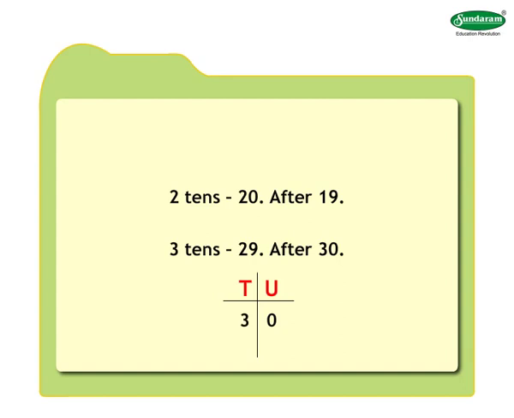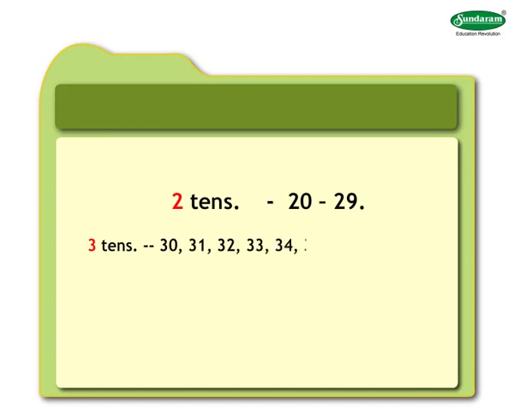Now, the two-digit numbers start with 3 tens. In the same way as we wrote the numbers with 2 tens from 20 to 29, we have the numbers with 3 tens, that is 30, 31, 32, 33, 34, 35, 36, 37, 38, 39.